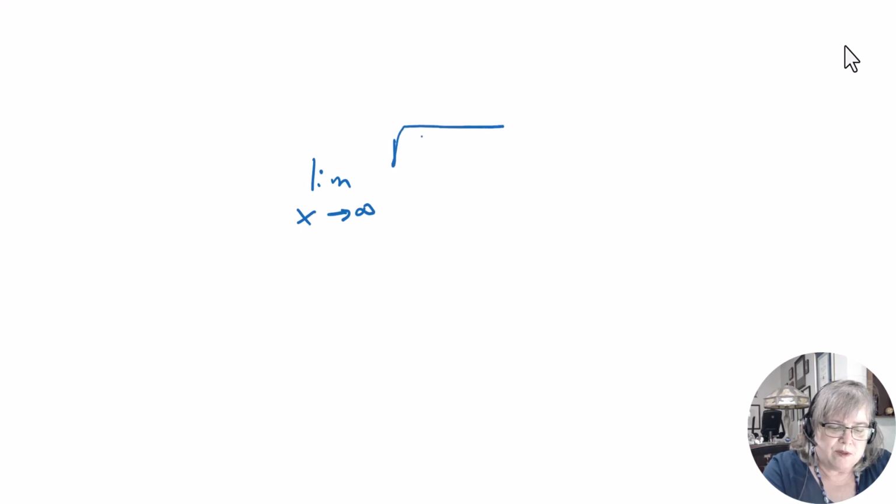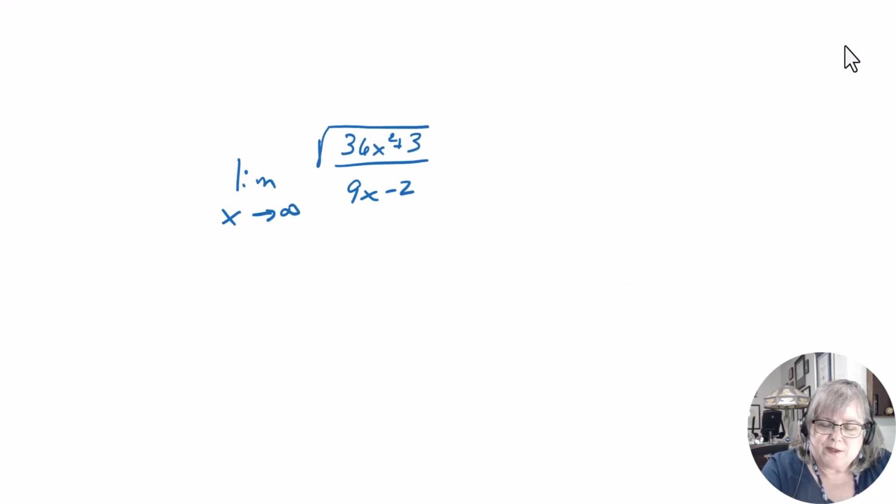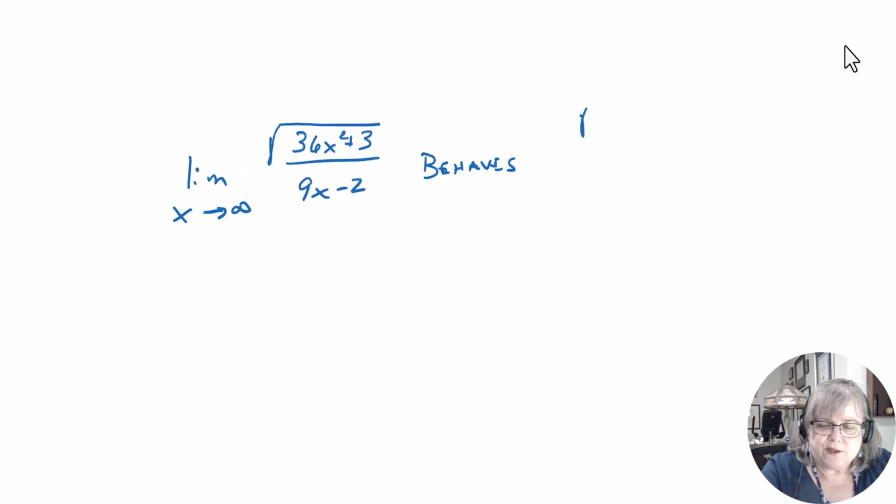Let's try a couple more problems where you have to reason this out. So if we have the limit as x goes to infinity of the square root of 36x squared plus 3 over 9x minus 2. We haven't done one with square roots in here. The numerator behaves as if it's just the square root of 36x squared, because if you think about infinity and then you're going to square it and then you're going to multiply it by 36, adding 3 to it really doesn't change really an effective increase in value.